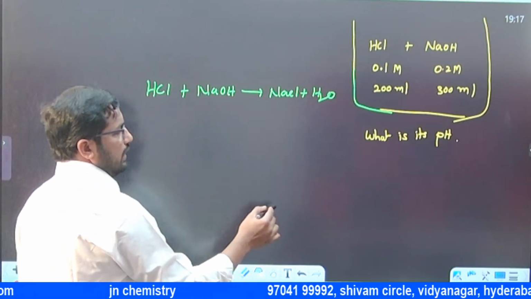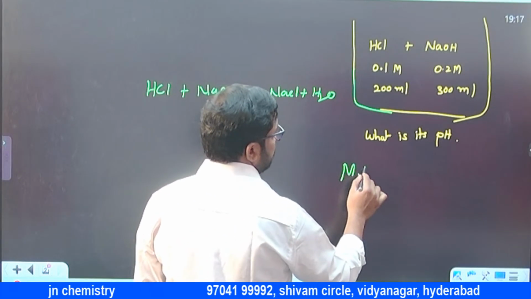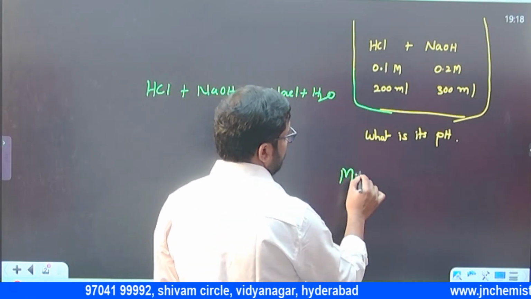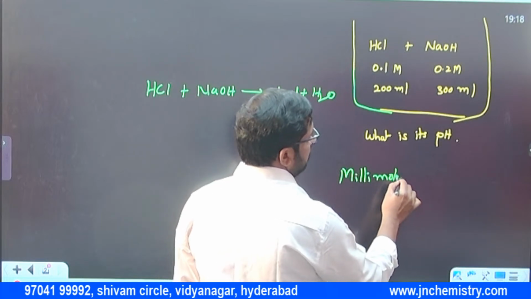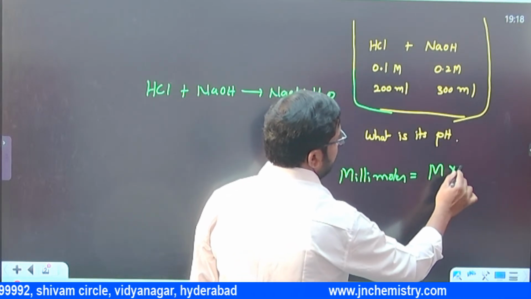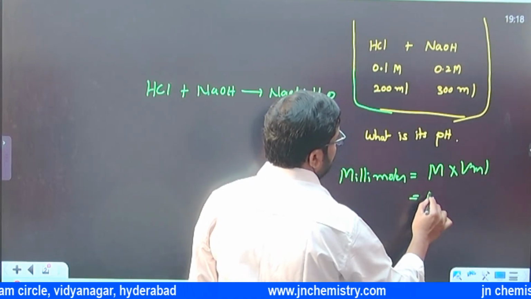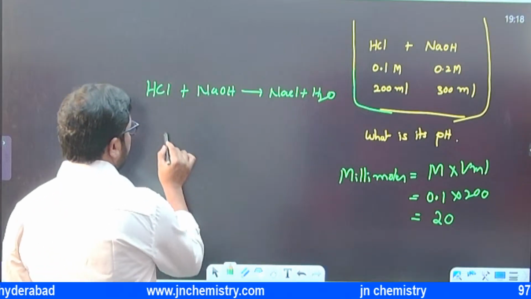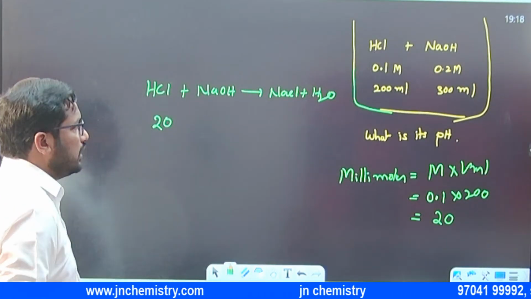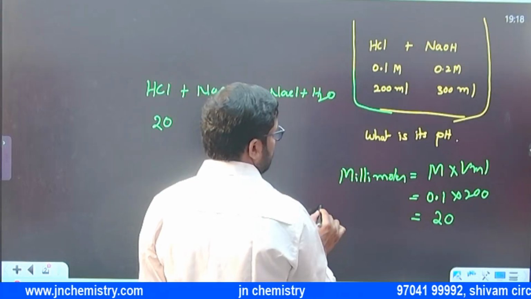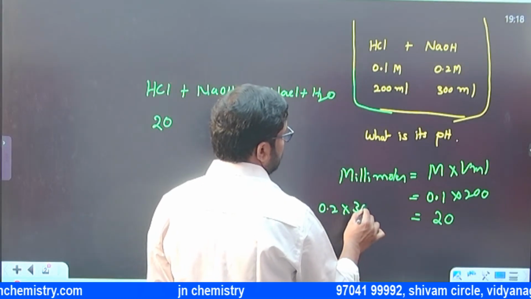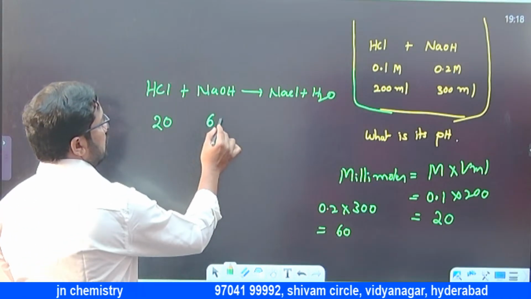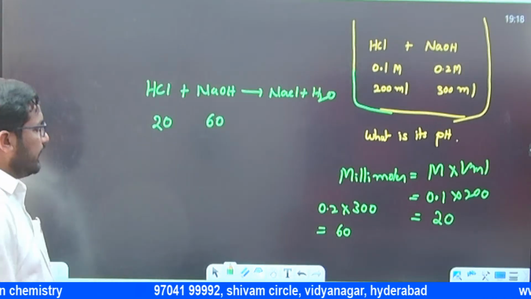So millimoles is equal to molarity into V in ml, right? 0.1 into 200, how much? 20 millimoles. Right. And this one, 0.2 into 300, how much does it come to? 60 millimoles.